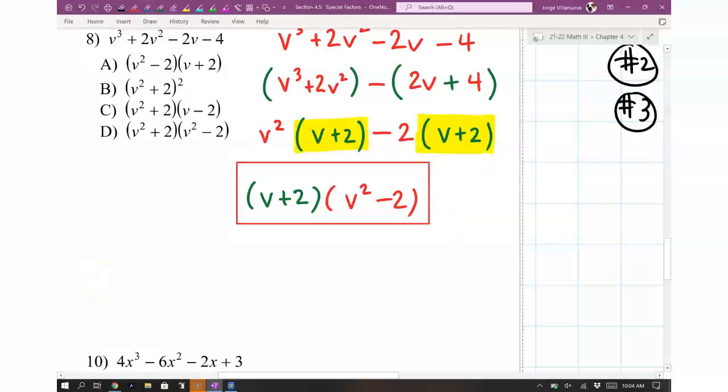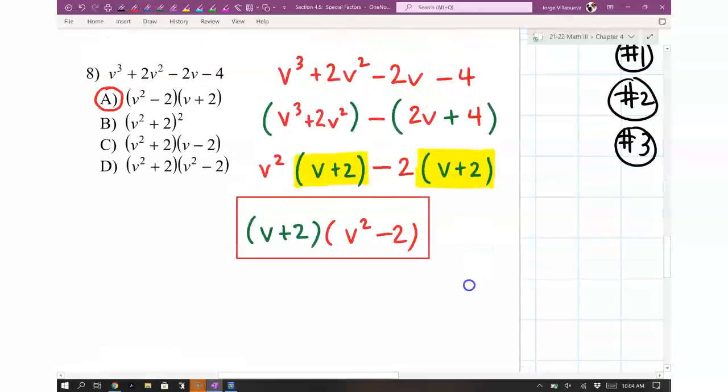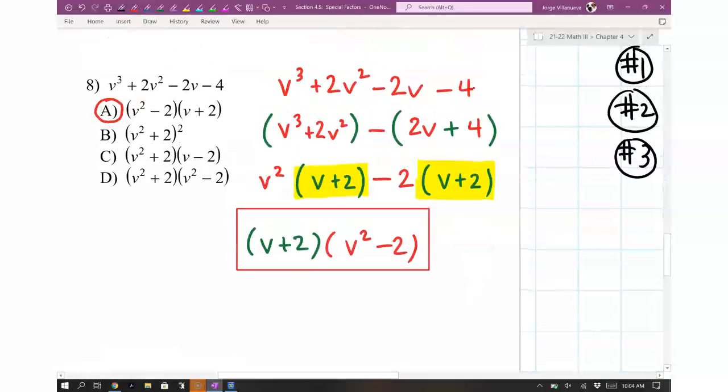So v squared minus 2, v plus 2 is going to be a. Okay, so just to review, what you want to do when you're doing these problems is start off with your 4 terms. You're going to introduce the parentheses on the first 2 terms and the last 2 terms.